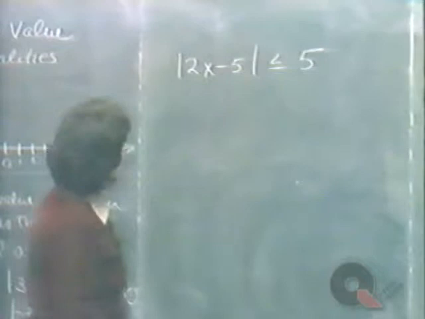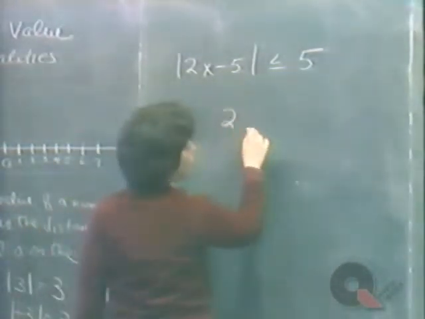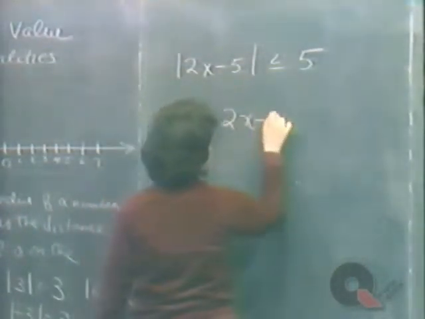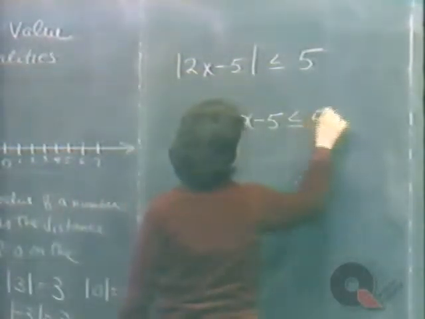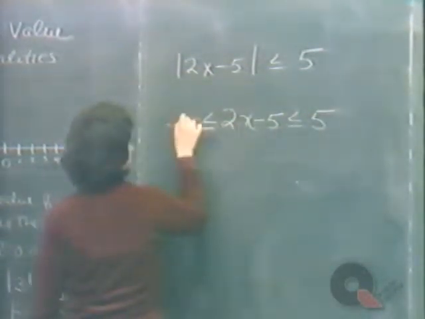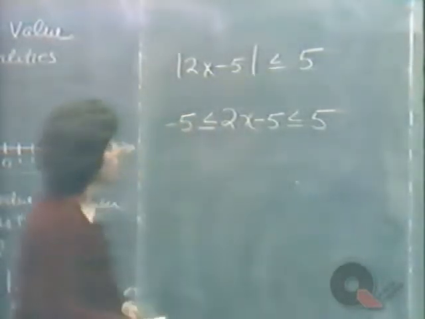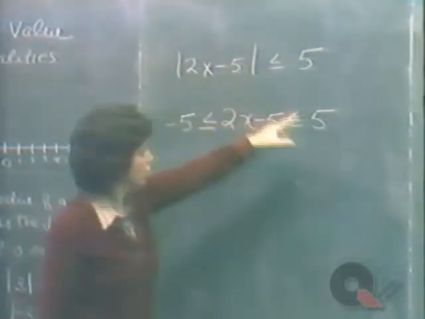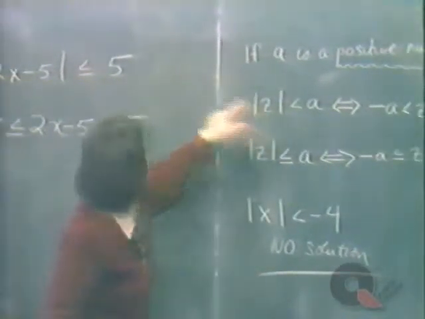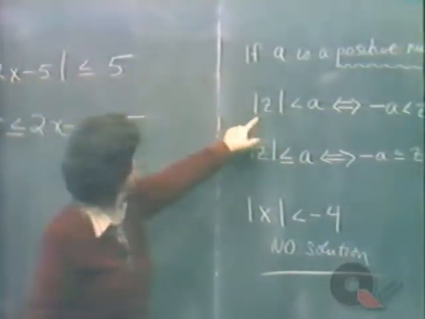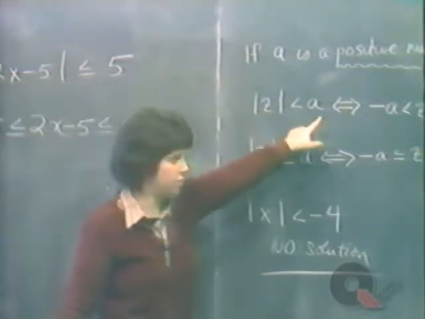That is, 2x minus 5 has to be someplace between minus 5 and plus 5. If you want to use the rule that I gave you here, z in this case is the 2x minus 5. A is 5, a positive number.